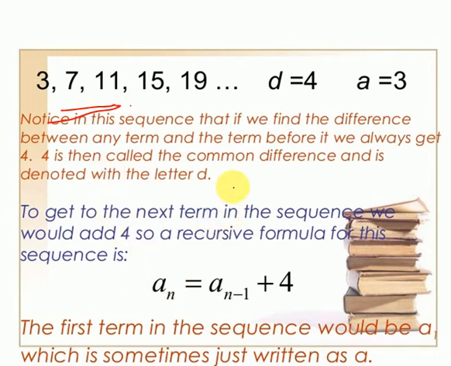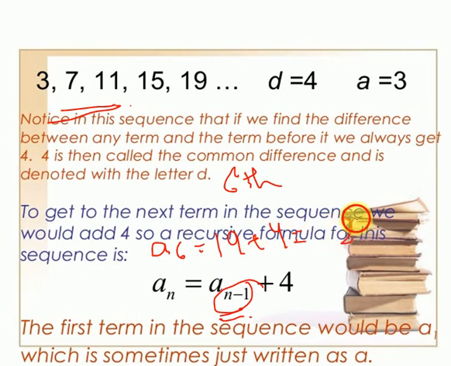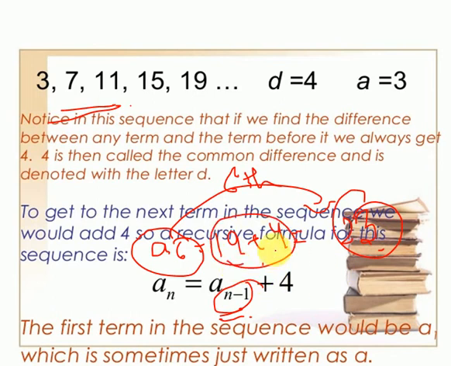If I have to find the value of the sixth term, then a6 will be equal to a(n minus 1), that is, I have to take the fifth term, and the fifth term is 19, plus 4, so it will be 23. So a6 is 23. So we can also find it by this. The first term in the sequence would be a, which is sometimes just written as a only.